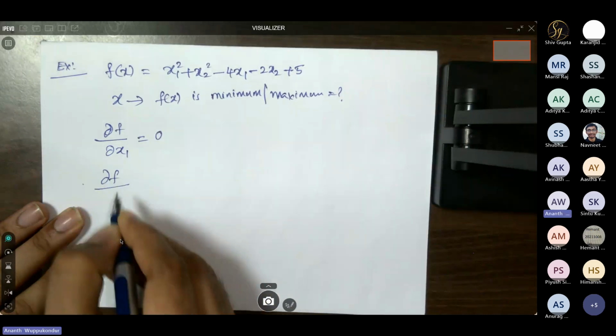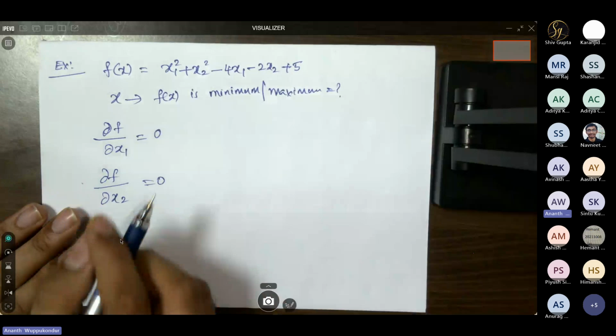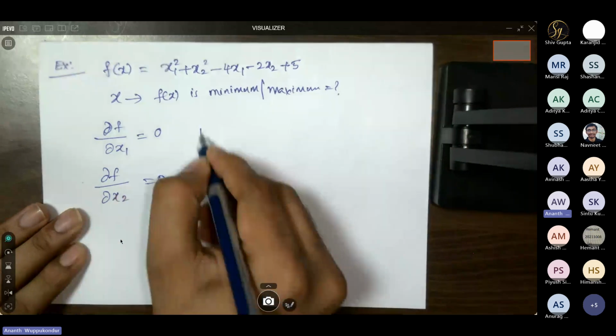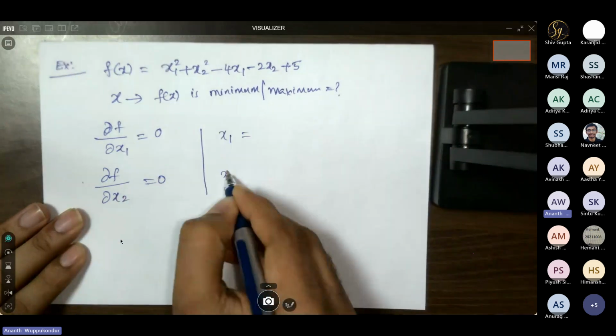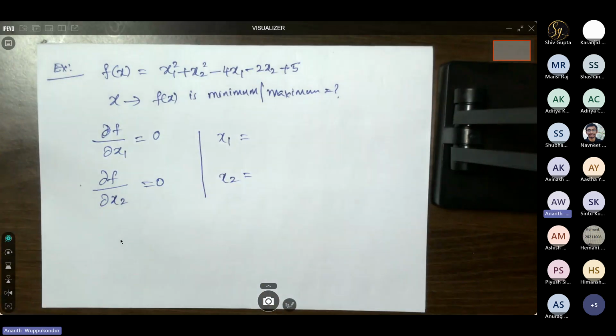Second, you differentiate with respect to x2 and then you equate it to 0. Then you would get what is x1 and x2. So can you solve what is x1 and x2 and let me know what the values are?